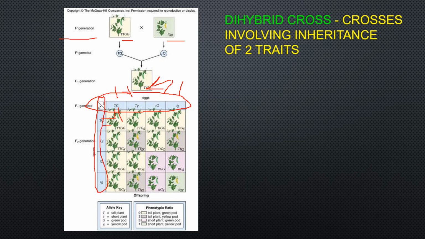Okay? And when we do that, we have our phenotypic ratio outcome, which is 9 to 3 to 3 to 1. And so remember, when we have anything that has a heterozygous genotype, it's going to be a dominant phenotype. So in this case, it would be tall and green. So your allele key is here and what it means, and then there's the phenotypic ratio. And so that is a dihybrid cross.